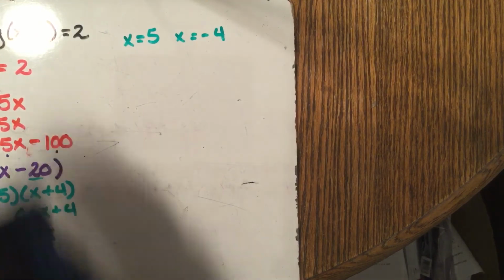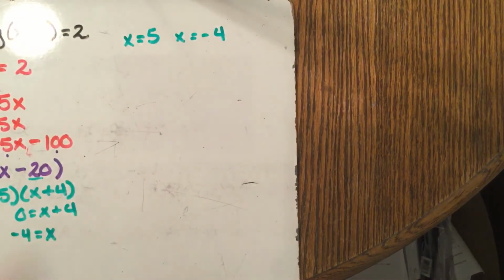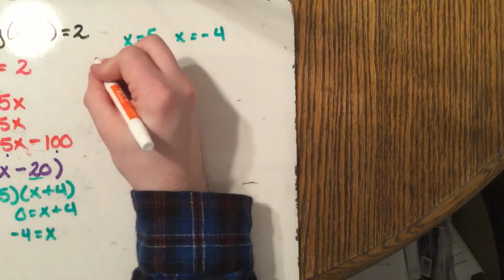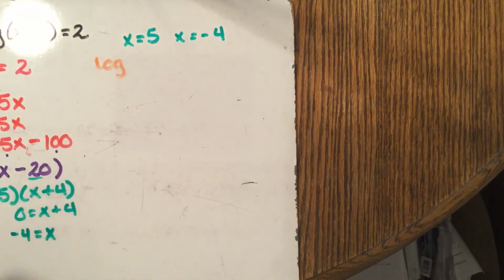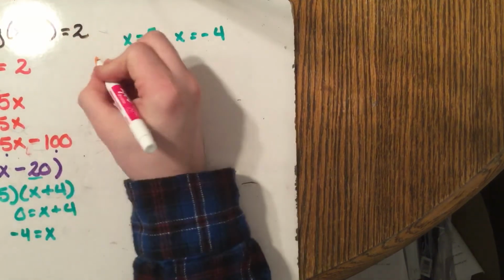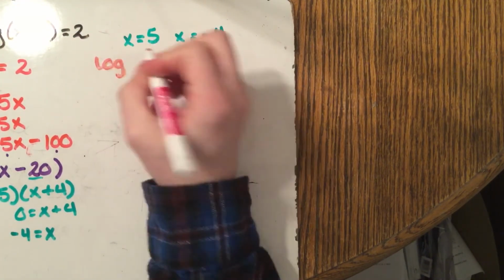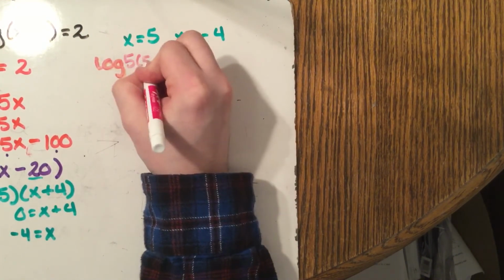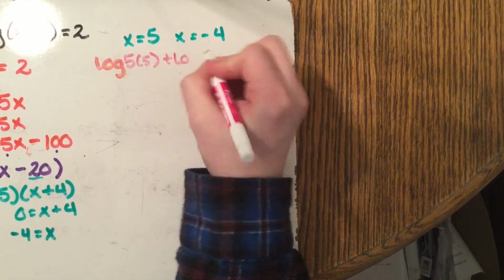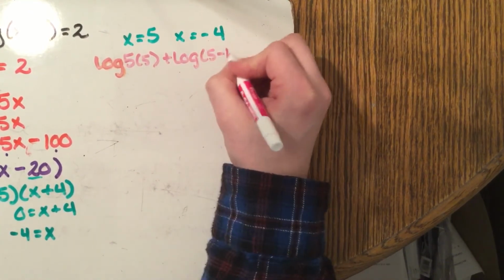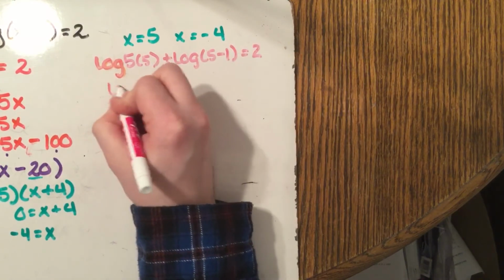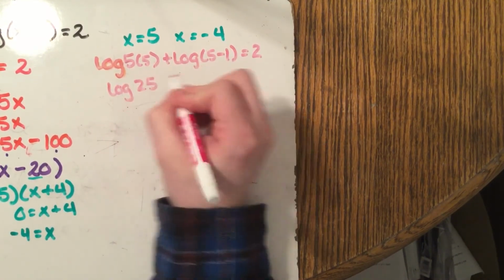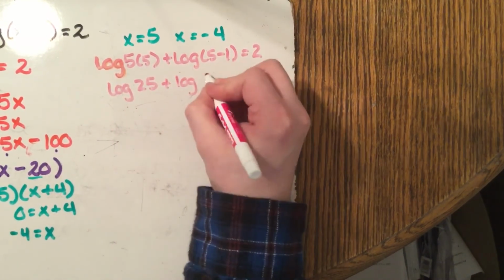So for our check, I'm just going to plug in 5. So we're going to take the log of 5 times 5 plus the log of 5 minus 1 and see if it equals 2. So that's going to get us the log of 25 plus the log of 4.